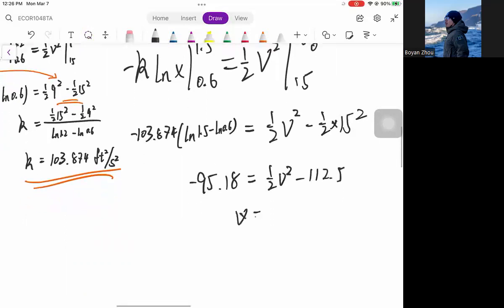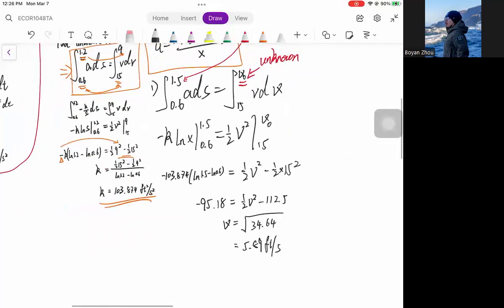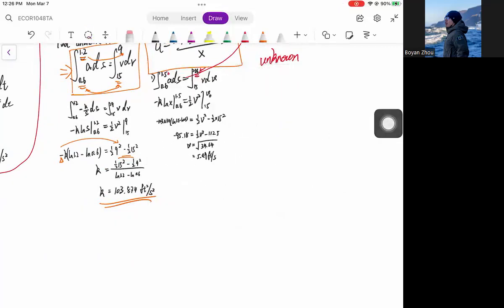And we have the velocity is going to be equal to the square root of 34.64, and that is 5.89 feet per second. So that is for the first question.